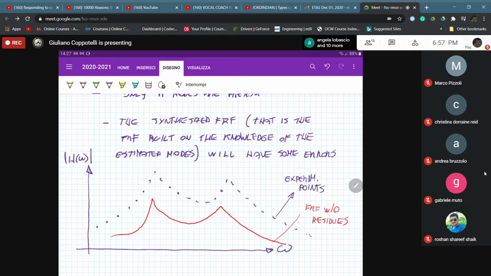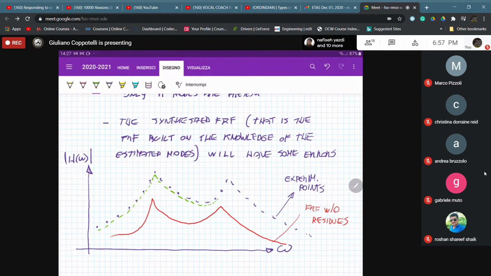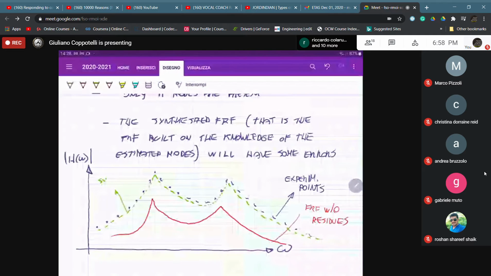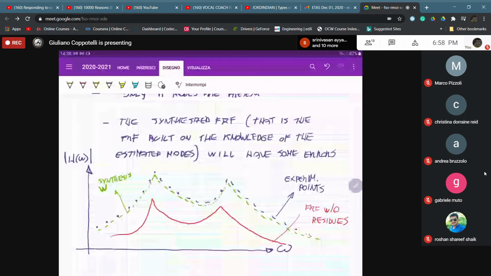Okay, if you add your residual terms, maybe you can have your FRF that is practically the one that we are having when estimating it using the H1, H2 estimate from the experimental points. Okay, so this green line is the synthesis with residues.